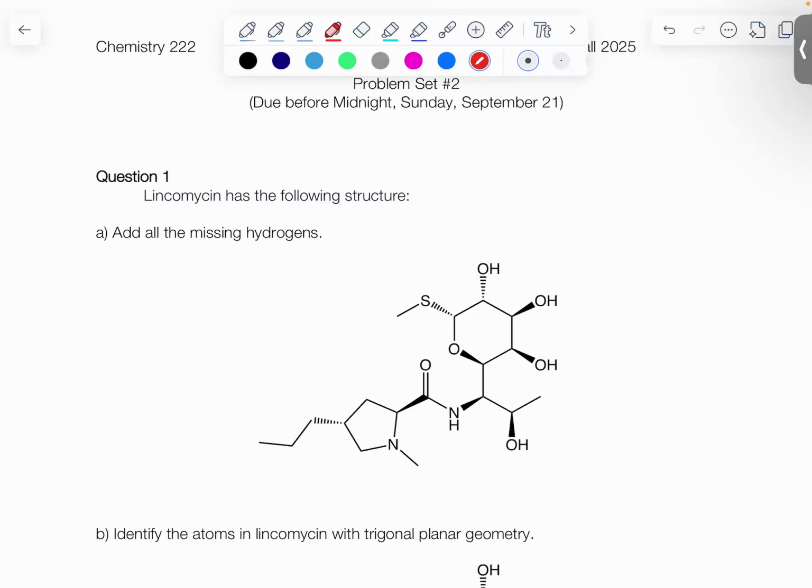And so we know that all of our carbons need 4 bonds. So I'll just start by filling all of those in. And I apologize if my hydrogens start to look like nitrogens.